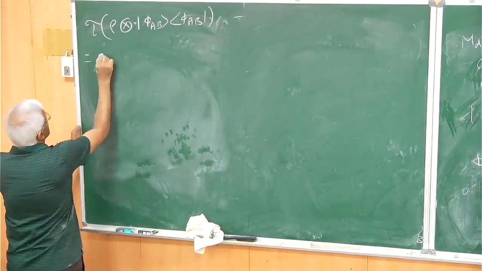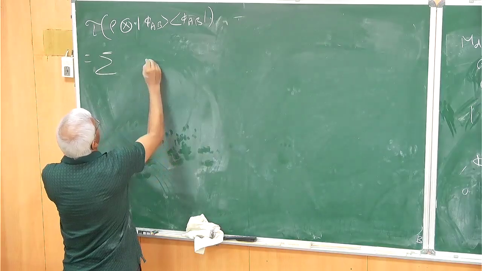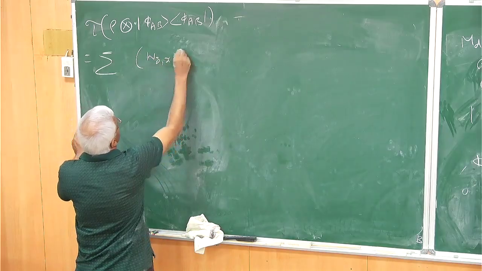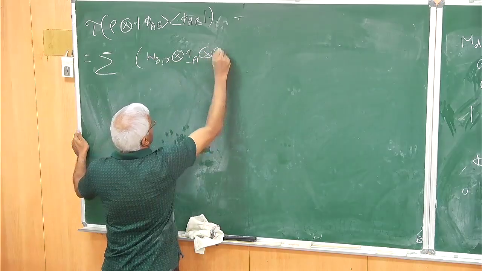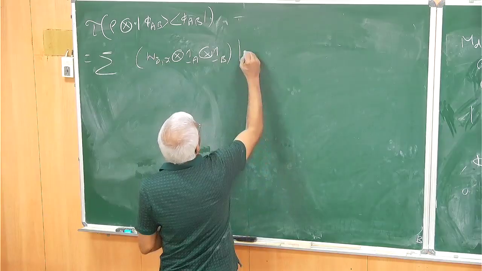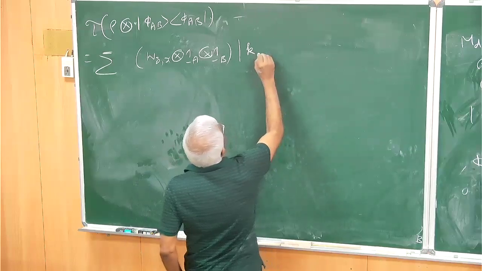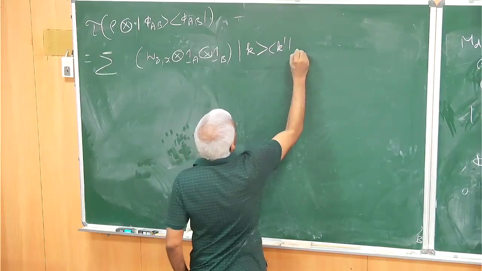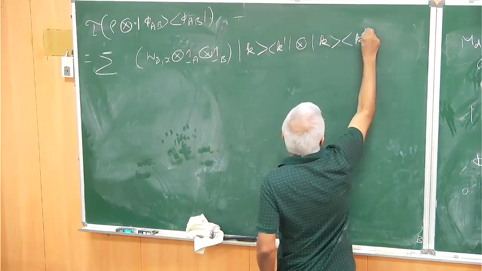This is equal to the summation of W Zx tensor 1A tensor 1B acting on this vector in A prime tensor A, A prime.